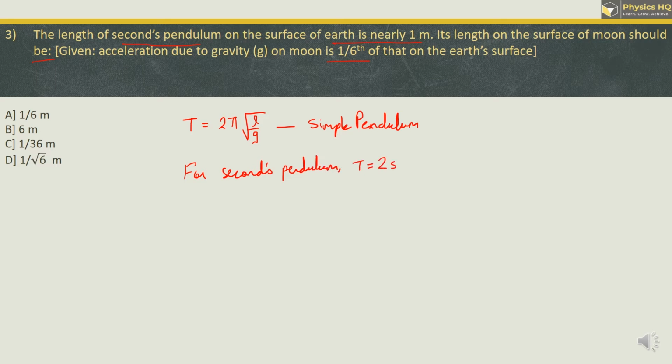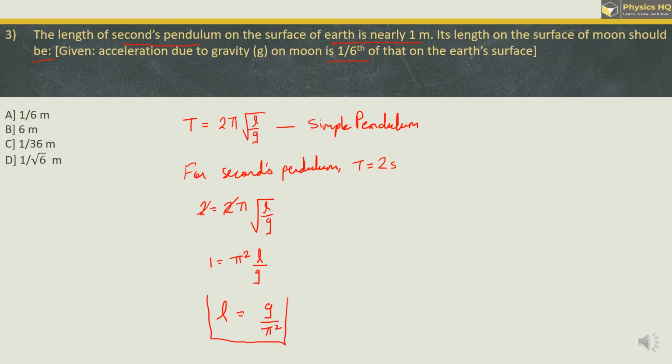So when we put it over here, we get 2 is equal to 2 pi root of L by g. This 2 and 2 get cancelled, and once we take the square, we get 1 is equal to pi square L by g. If you rearrange this, we get length is equal to g upon pi square.